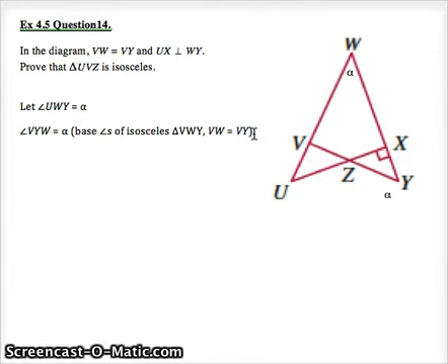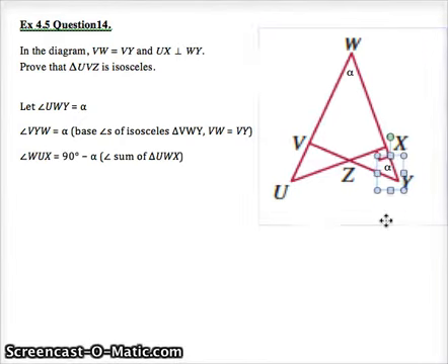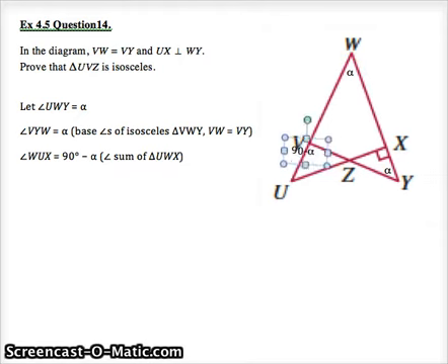So writing that down, we know that angle WUX must equal 90 minus alpha because it's the angle sum of triangle UWX. And I'll just put that 90 minus alpha in now. I can't quite fit it there, so I'll put a little arrow in there to mark the angle.